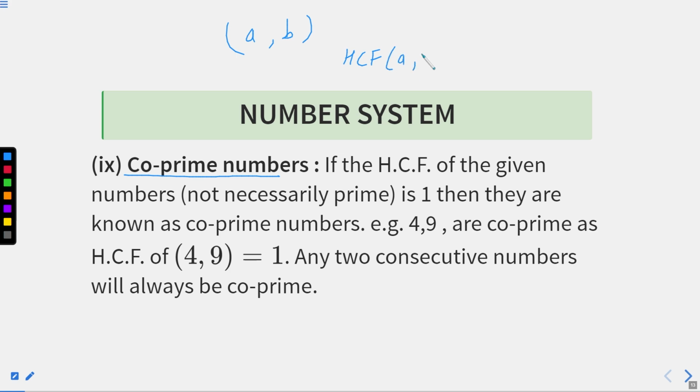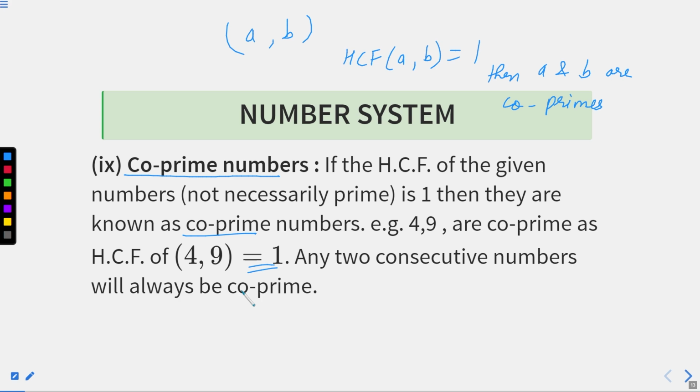If the HCF of A and B is equal to 1, then we say A and B are co-primes. Clear? So whenever we talk about co-primes, we mainly talk about pairs of two numbers, and the HCF of those two numbers must be equal to 1.